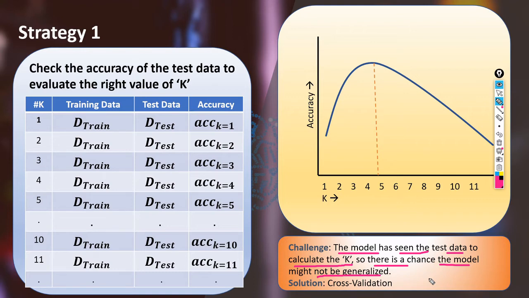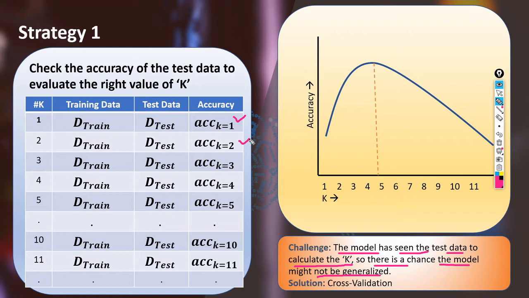But here, getting the value of k itself is part of your training process, your training phase. It's not the actual evaluation phase. We are evaluating, but why? Because we have to find the right k, the proper k value.